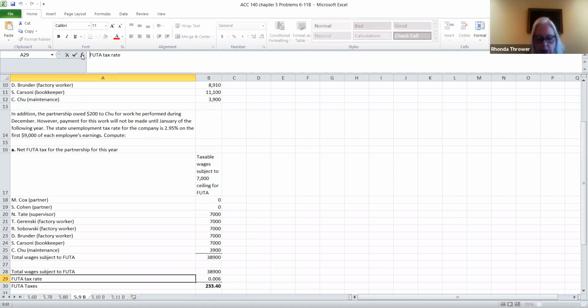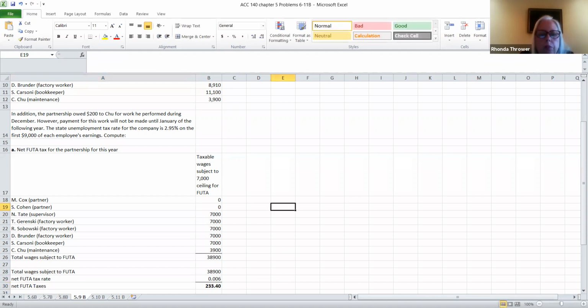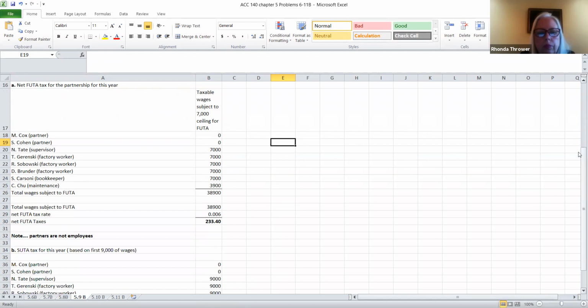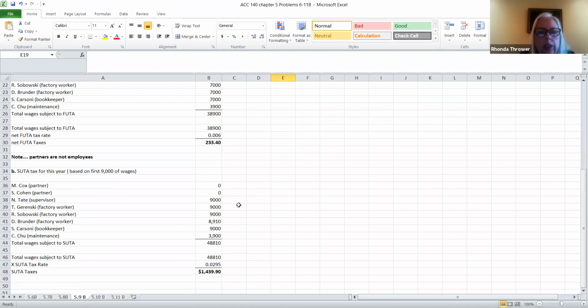I'm going to put net in here just so you'll know that this is the net FUTA tax that we're talking about here. So the net amount of FUTA taxes is $233.40. And again, note that partners are not considered to be employees, so their wages are not taxed for unemployment purposes.